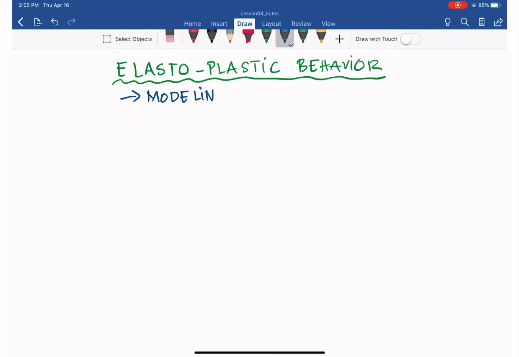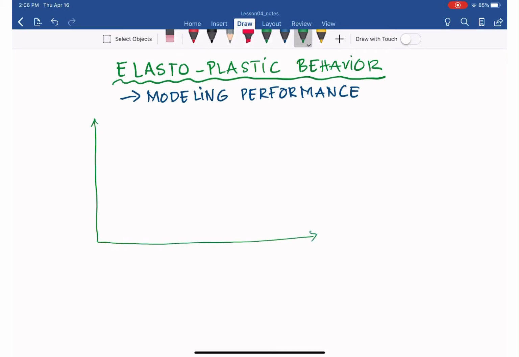In the curve we have for normal strain and normal stress, the material I showed you earlier starts with linear behavior up to the proportional limit, then moves to yielding, and then the stress increases.